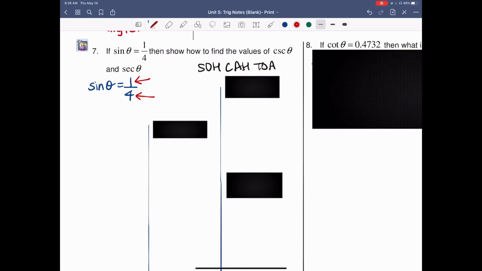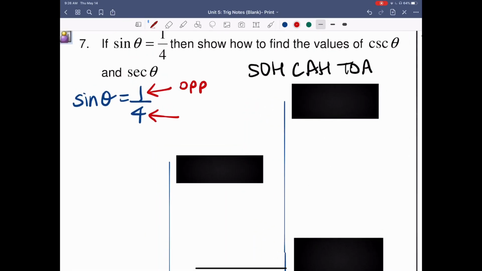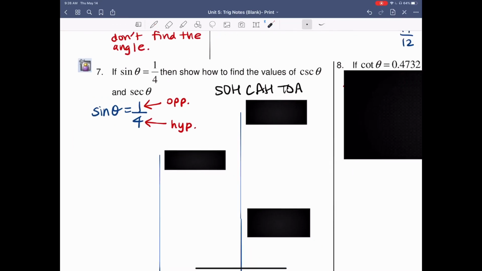Even if I have a number like tan theta is equal to 5, well, the 5 has a numerator of 5 and a denominator of 1, so I can always still break it down. So that's why it's important that you can always break it down to a fraction as a rational number if possible. So the 1 is the opposite, and the 4 is the hypotenuse based on my SOHCAHTOA.